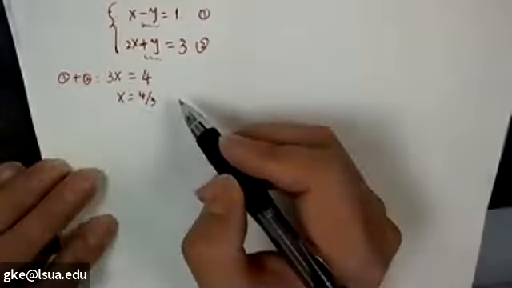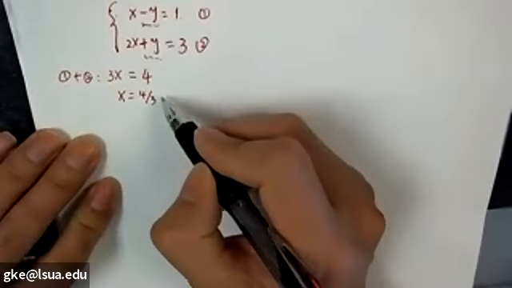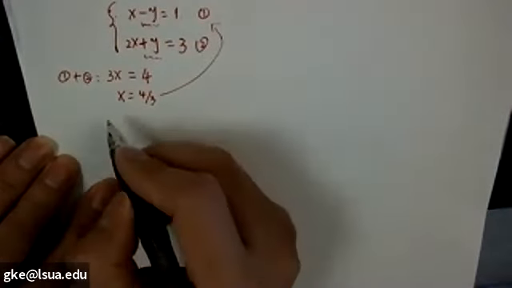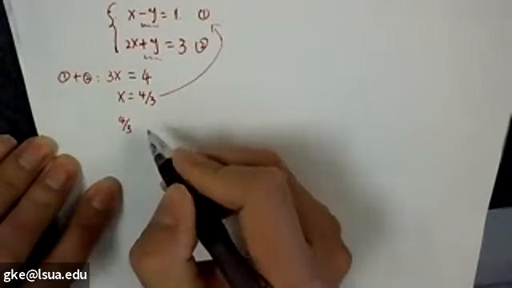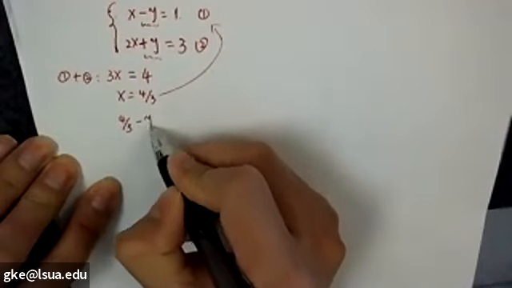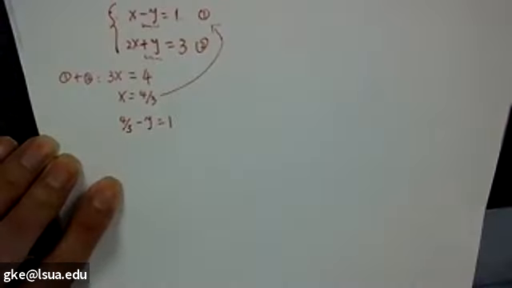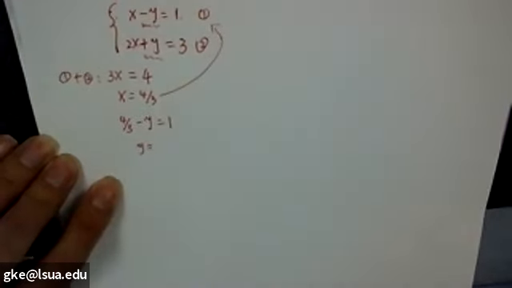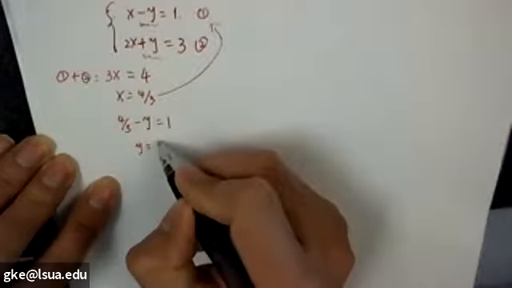Now, after we get 4 over 3, we can plug in back the first equation. We have 4 over 3 minus y equals 1. And we can solve it. We get the solution for the y going to be 1/3.